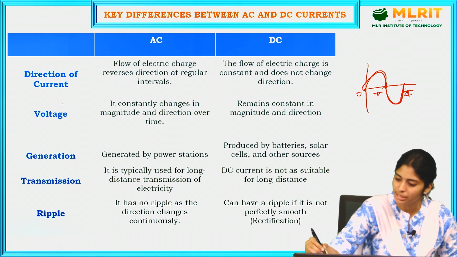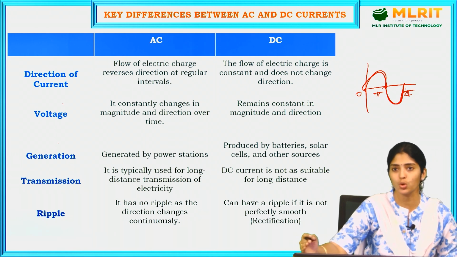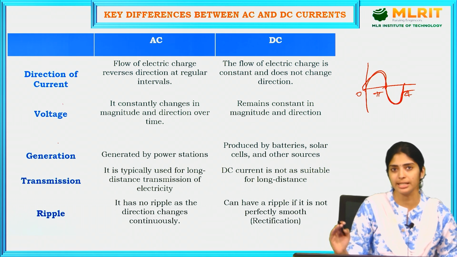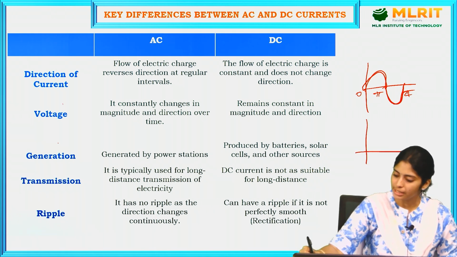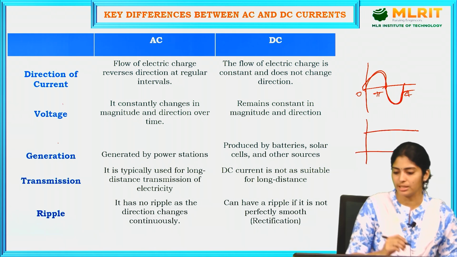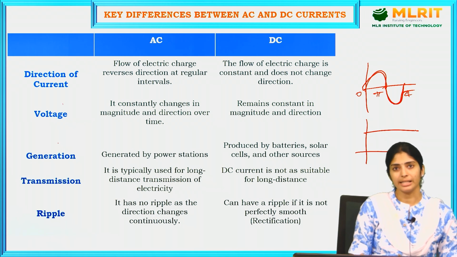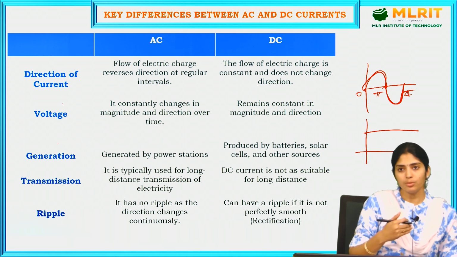At regular intervals of time, it gets changed. So in alternating current, the flow of charge reverses direction. But in direct current, this is DC, the flow of electrical charge will be constant and it won't change direction.